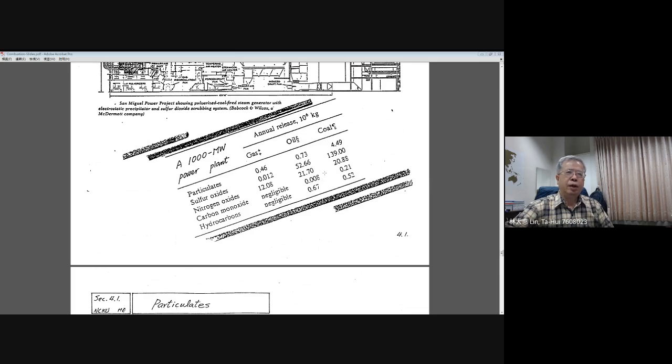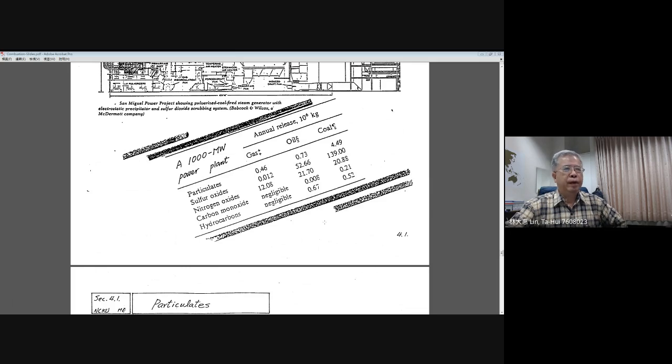But usually they are very small compared with other pollutants, for example particulates, SOx and NOx. This is typical data for you to understand what the pollutants are and which are emitted by the different fossil fuels.